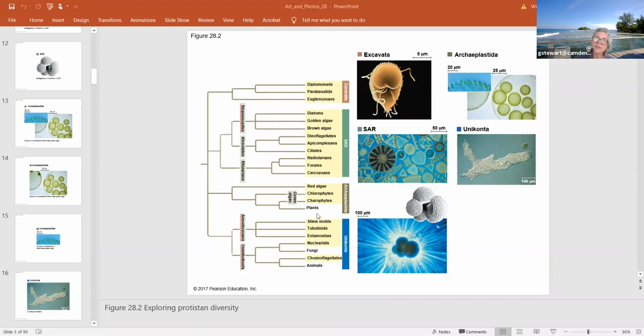So some of these characteristics that I'm going to mention, you may not find in chapter 28 per se, but if you look forward to the first plant chapter as well as the fungus and the first animal chapter, you would find the connections to the rest of the protists.